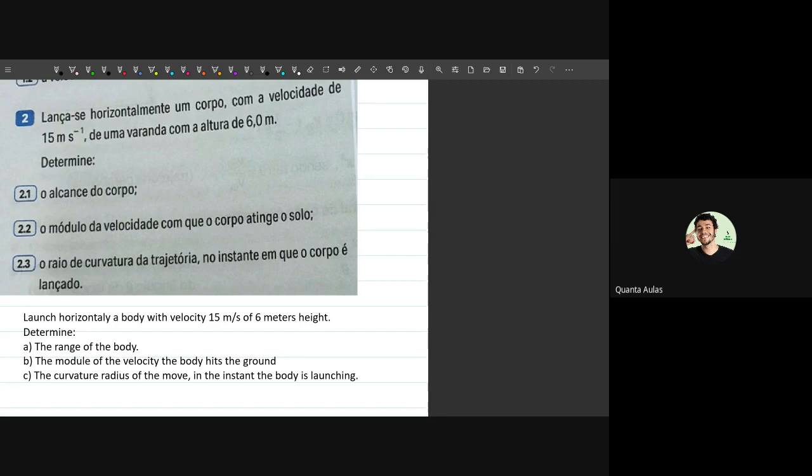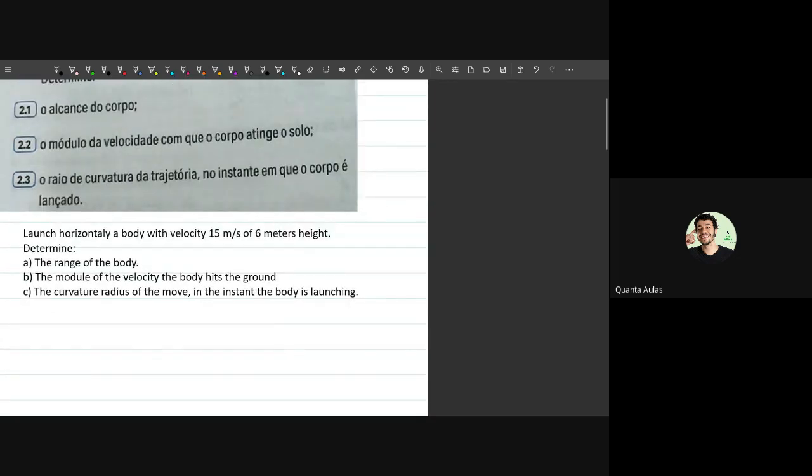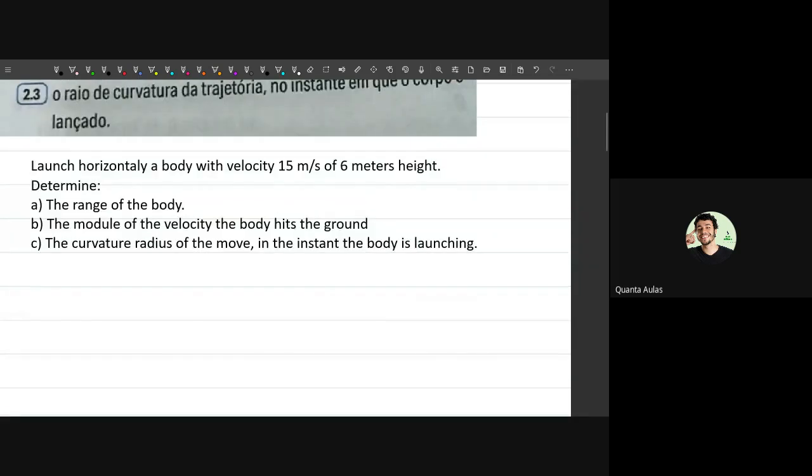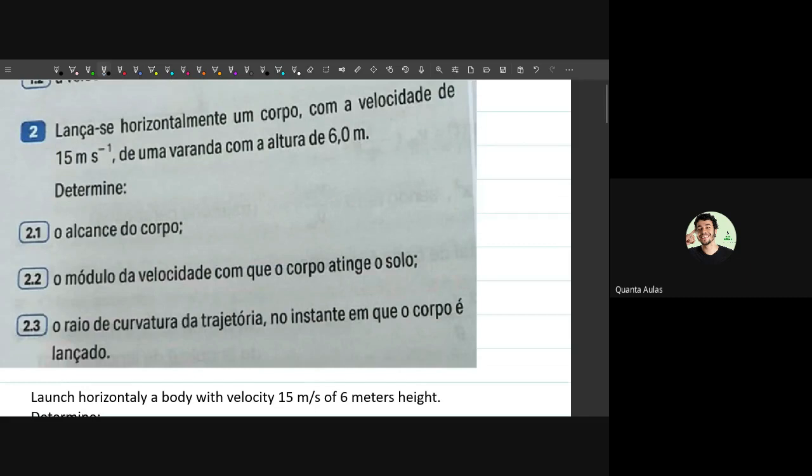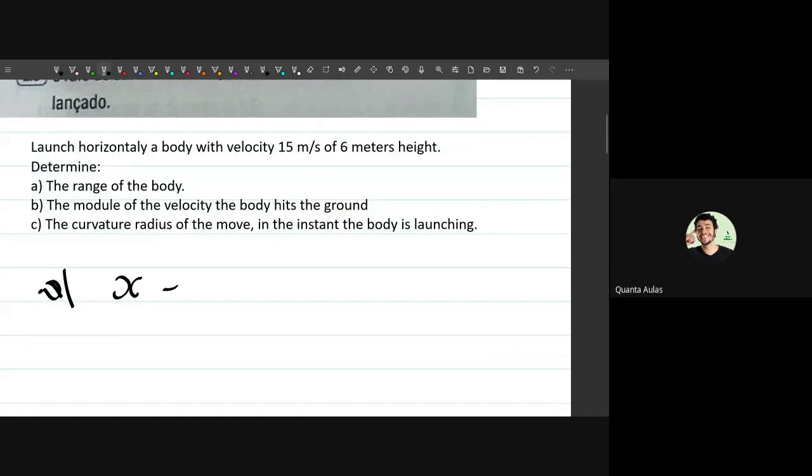You first need to know what you already know about the body. Here we want to know the X, okay? So we know the X is V0X times time, right?